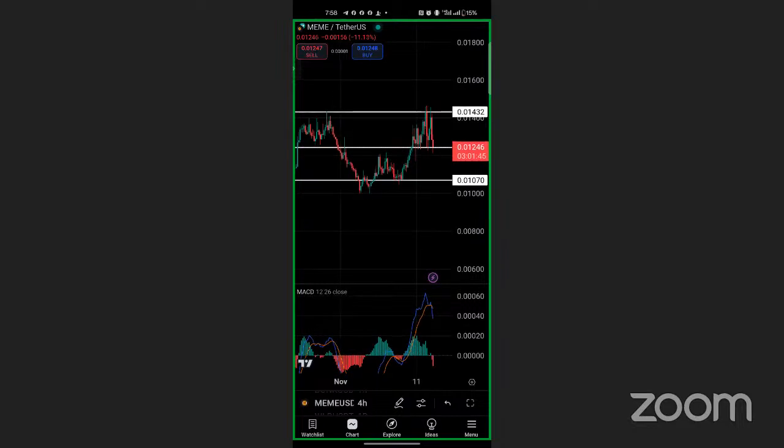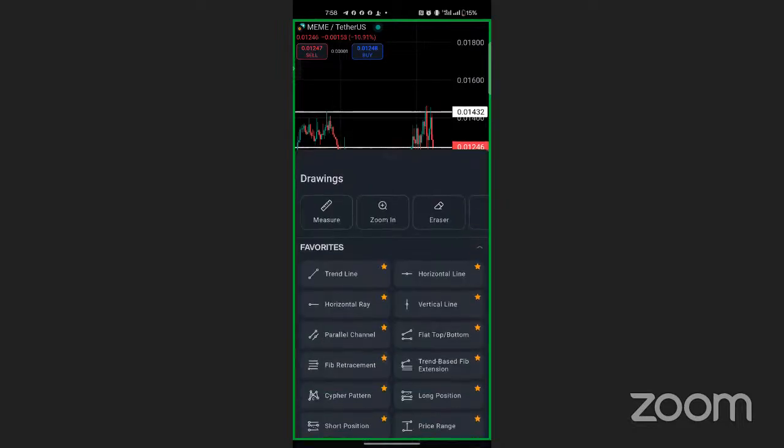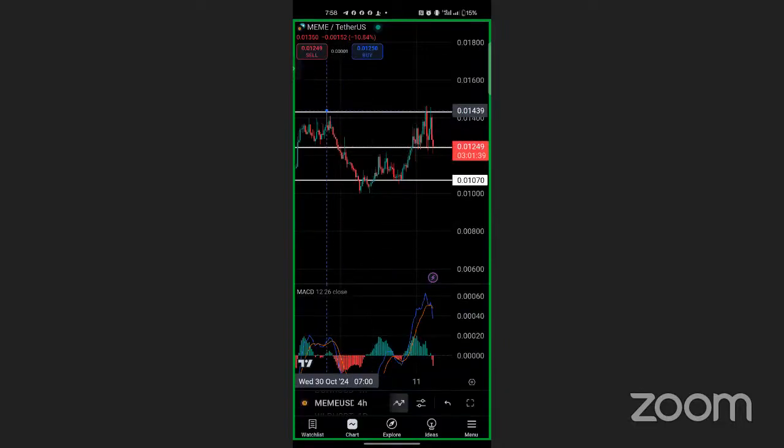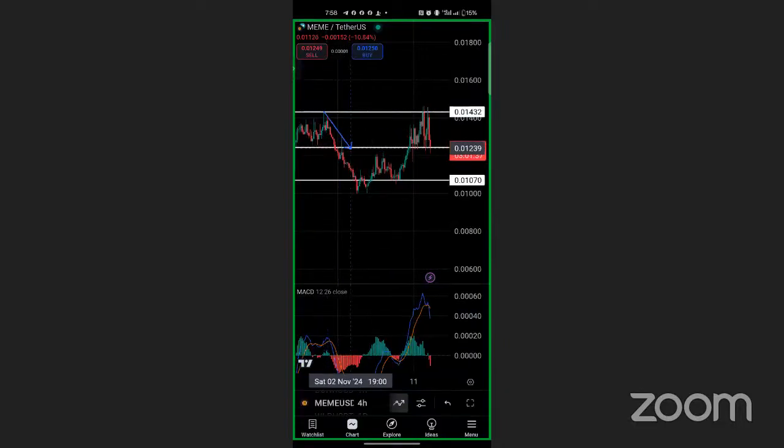Now, the reason why this coin specifically would have been going up, you see, the market came from here. Then it came down here. Then it went up here. Then it came down here. So this was a straight double bottom.